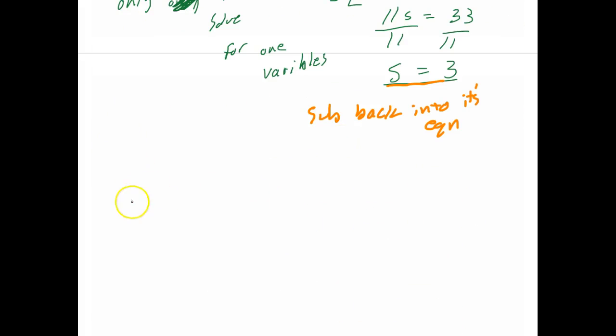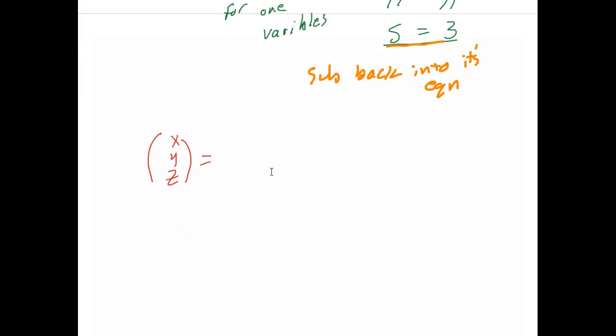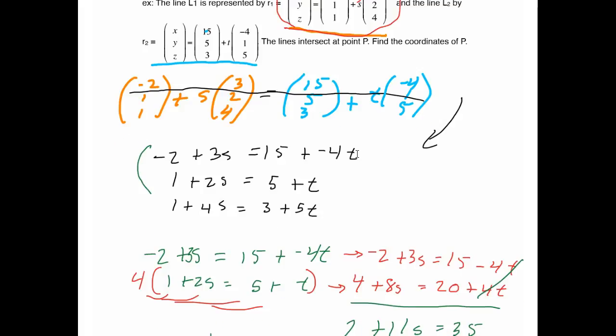So it's x, y, z equals, I think, 1, 1, 2, negative 2, 1, 1 plus 3, right? That's what we found, times 3, 2, 4.